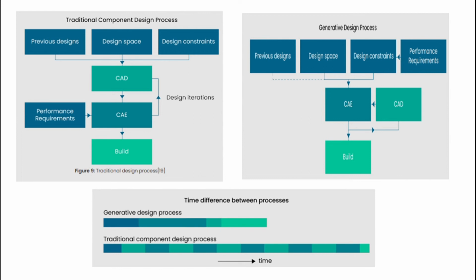But in a traditional process, first we do the CAD, and through the CAD model we perform the CAE, and other subsequent iterations நடந்து and subsequent changes நடக்கும், and then the final build process happens. So if you could see the time difference between both these processes, generative design takes considerably less time in comparison to the traditional component design process.